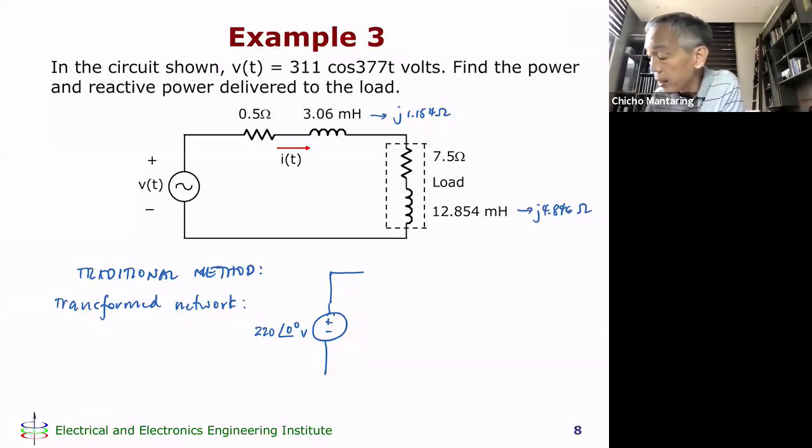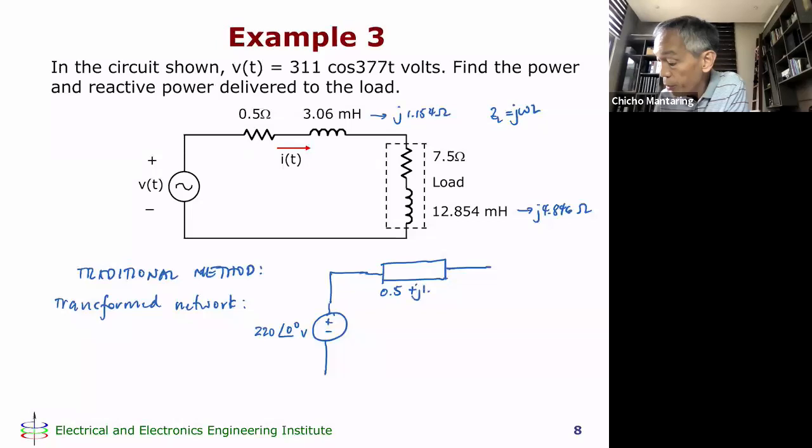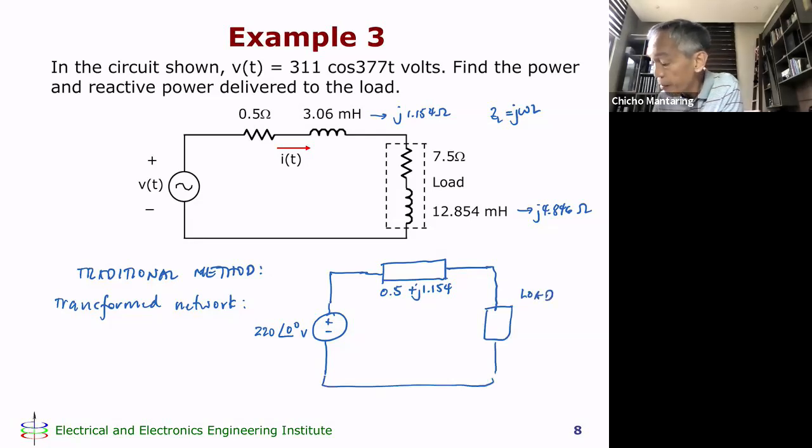You just follow that Z of L is equal to j omega L. So I have here 0.5 plus j 1.154, and then this is going to be my load, 7.5 plus j 4.846. So this is ohms, and this is also ohms.